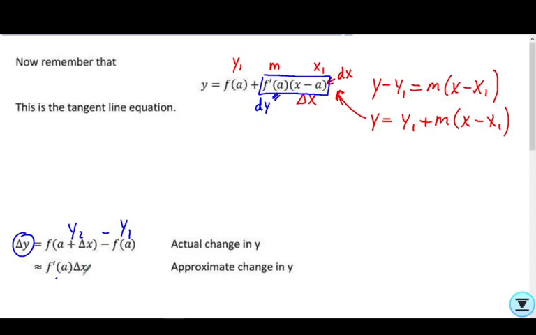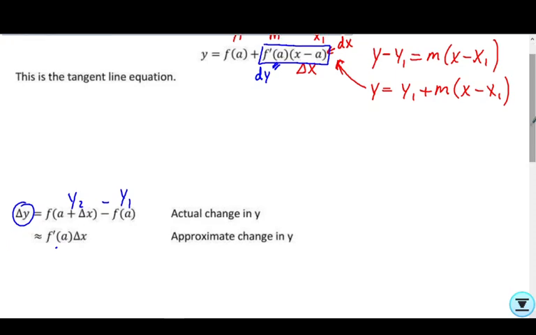So think about it this way. If this is slope times delta x, slope is change in y over change in x, times change in x, so we're left with change in y.